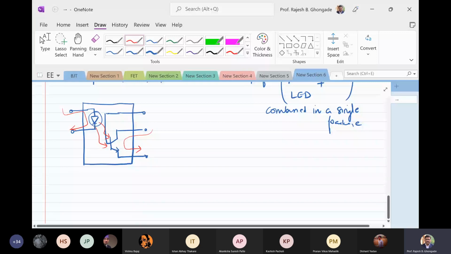Or you can even use a linear kind of signal coupling. Okay.